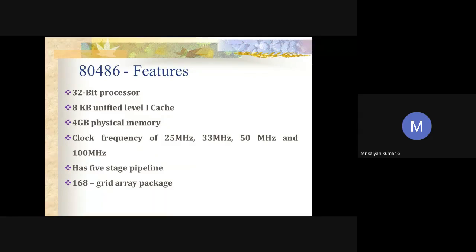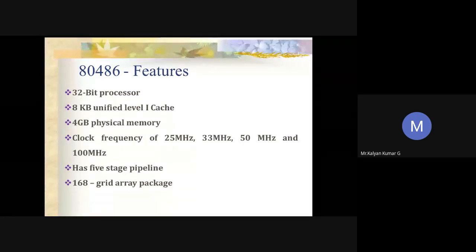Here it is a 168-pin grid array package, something like a square. The 8086 IC has a dual in-line package, with pins only on the two sides, left and right. But in this case, it's like a square, so you have pins on all the sides.